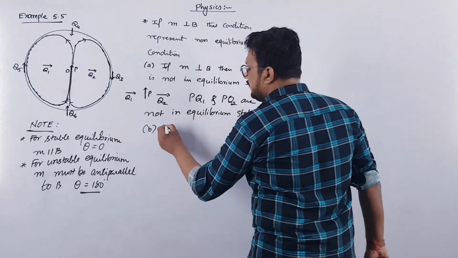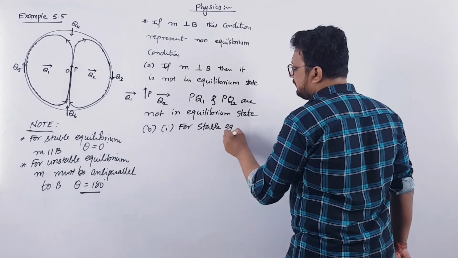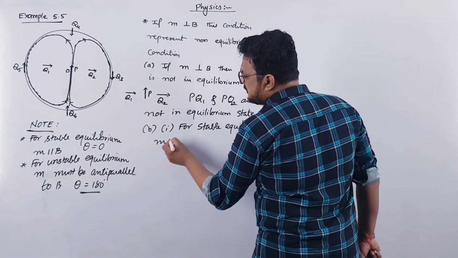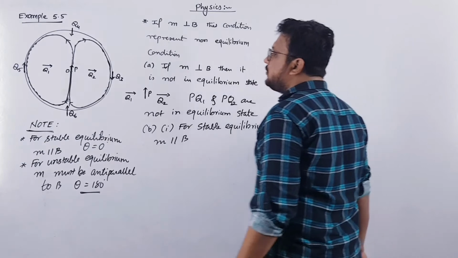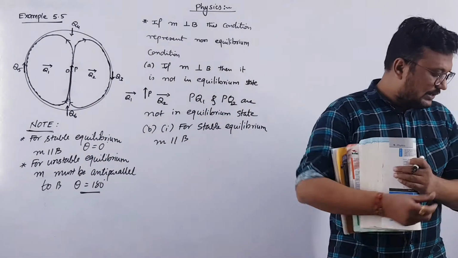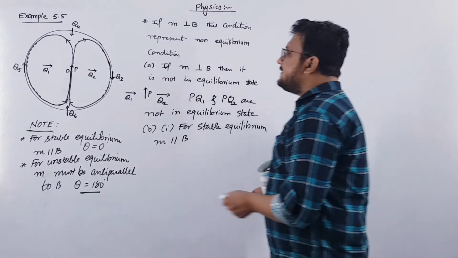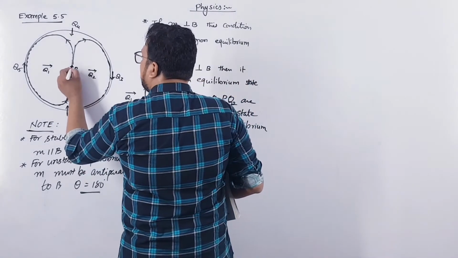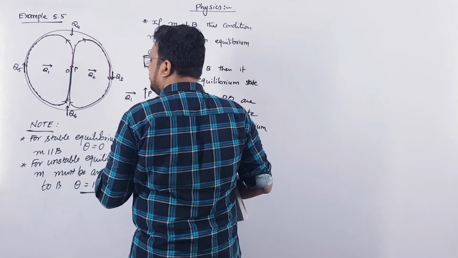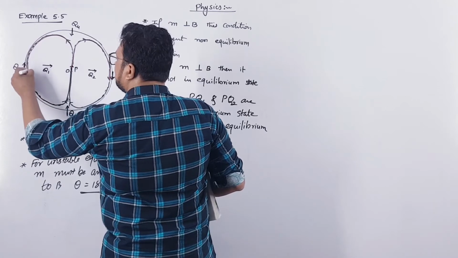So in B, first, for stable equilibrium, M must be parallel to B. Here you can see the magnetic field line of P. The magnetic dipole moment of P is in this direction at this point, and at this point it is in the downward direction.